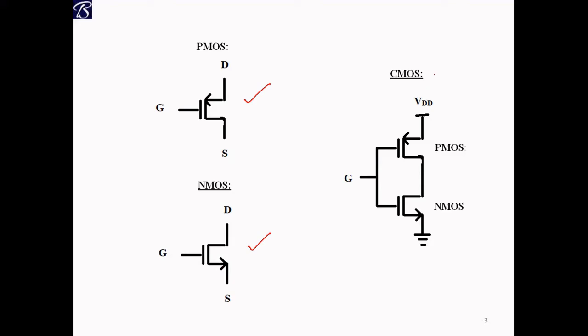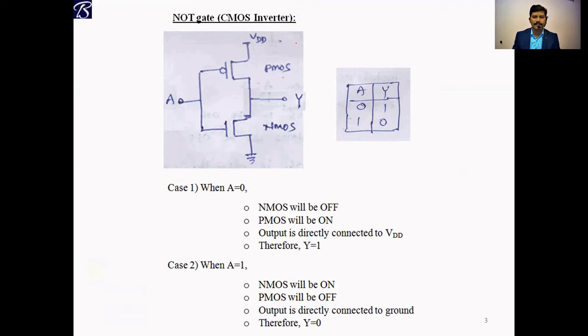You see here the CMOS inverter. This is PMOS and this is NMOS connected together, which acts as a CMOS inverter. Just now we have seen it acts as an inverter, means it is a NOT gate. Suppose A equal to 0, then what happens?